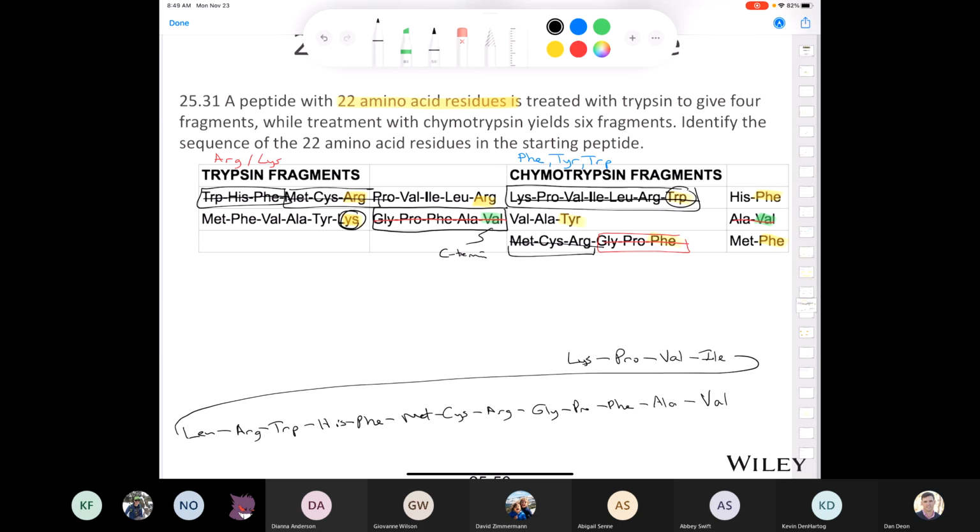tyrosine. So tyrosine, and I'm right here right now. So I'm going backwards. Tyrosine, right? Cross that one off. Alanine, cross that one off. Valine, cross it off. Phenylalanine, done. And methionine, like that.